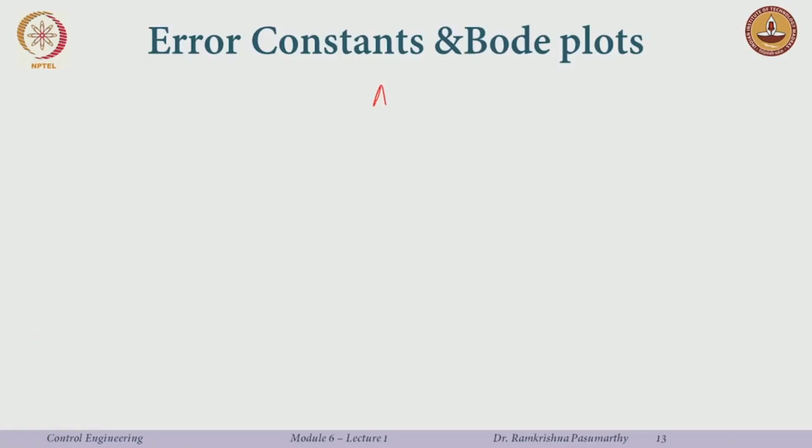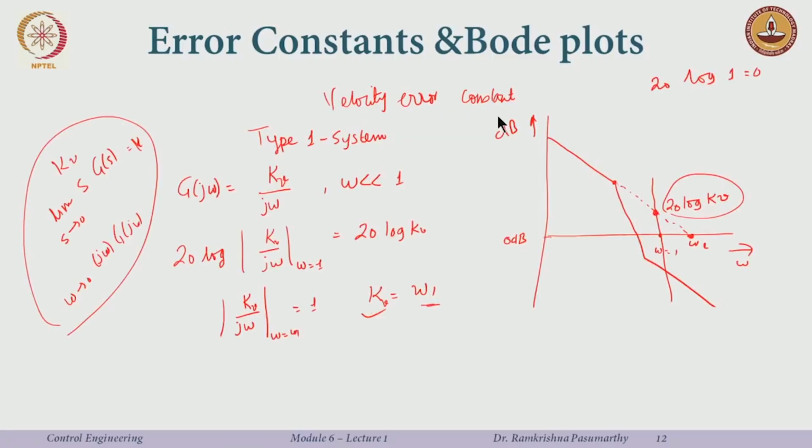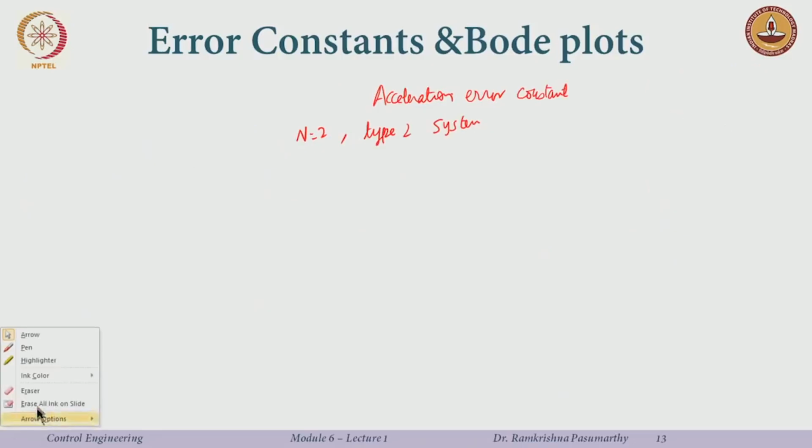We look at the acceleration error constant. So you will have n equal to 2, or a type 2 system. Here this initial thing will be a minus 20 decibel per decade line. And what happens for low frequencies?